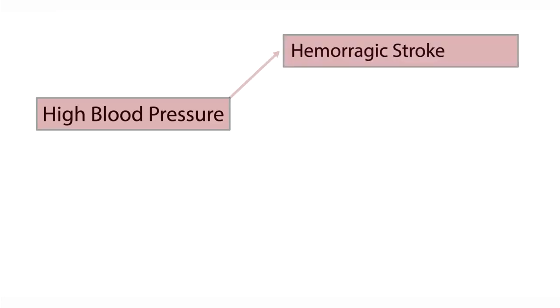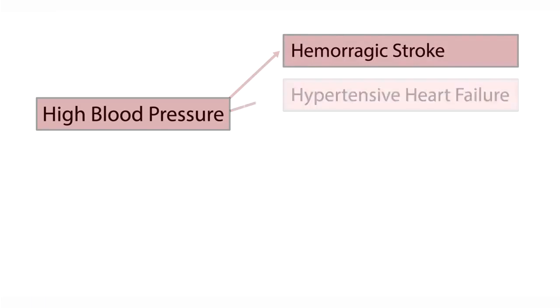Now, early on in health transition, high blood pressure, which is one of the most important risk factors for coronary heart disease and stroke, results in a bleeding stroke where there is bleeding into the brain from the blood vessels, called hemorrhagic stroke, or hypertensive heart failure, where the heart muscle fails because of long-standing uncontrolled high blood pressure.